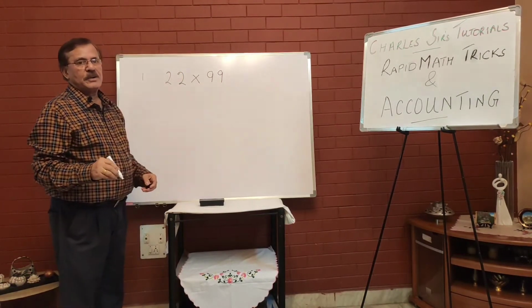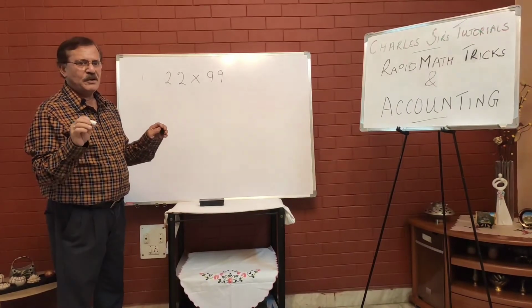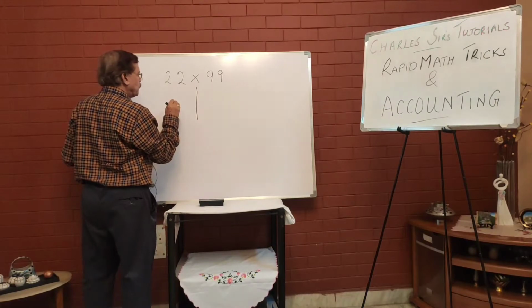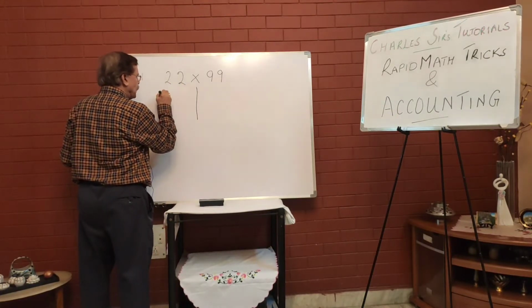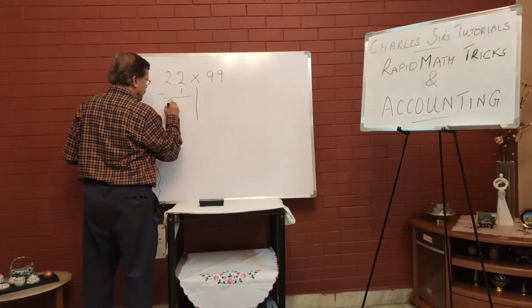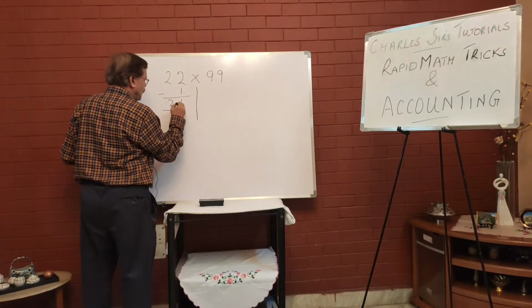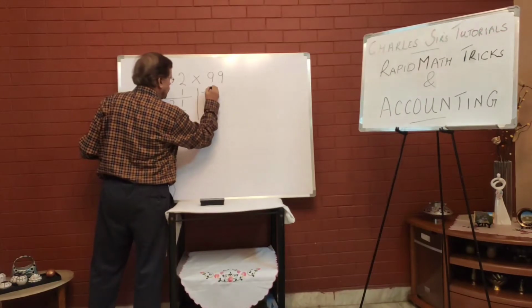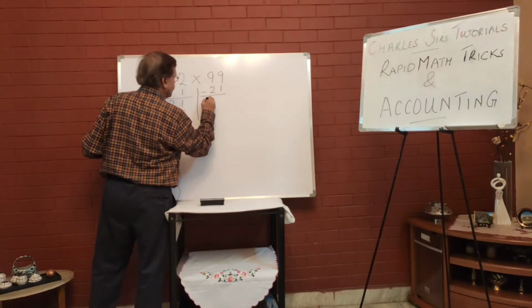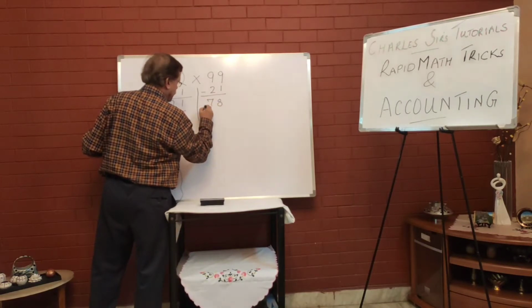Now the solution is very simple. You just have to see the explanation. Put a partition over here. From 22 you minus 1. How much is left? 21. Now this 21 minus from 99. So how much do you get? 7 and 8.